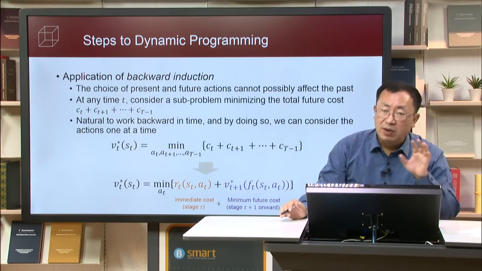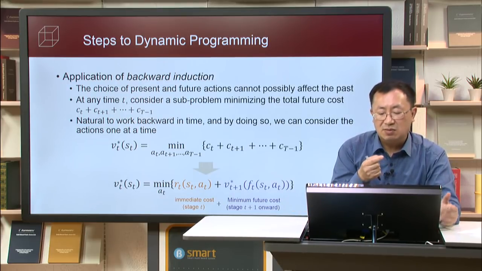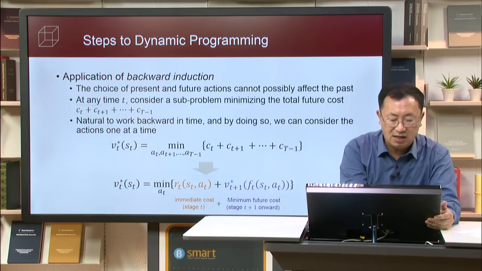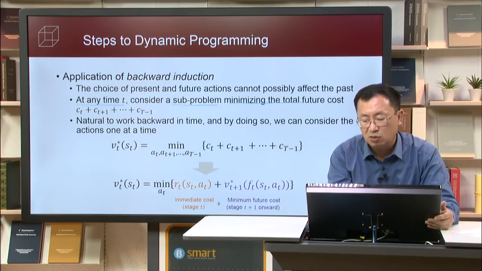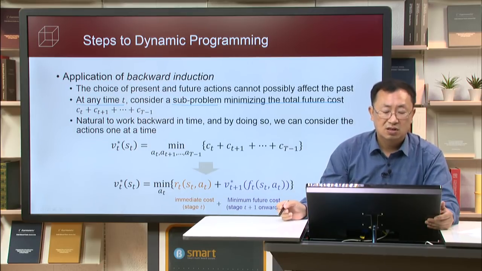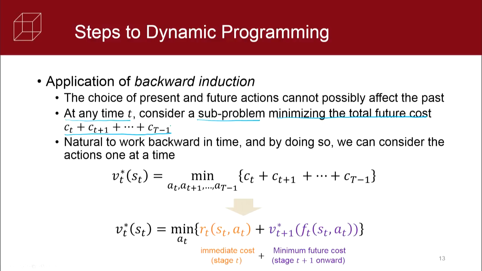So based on this rationale, we can construct a subproblem. At any time t, let us consider the subproblem of minimizing the total future cost, c_{t+1} up to c_{T-1}.